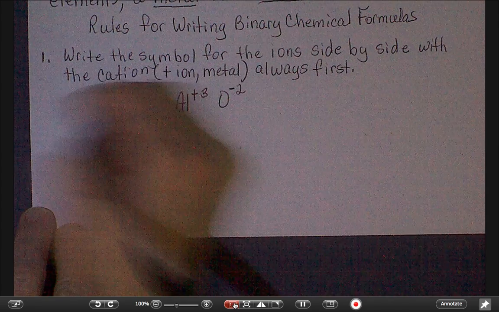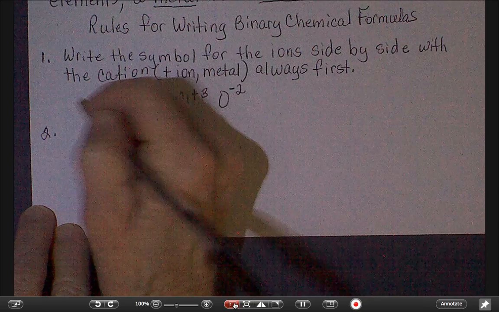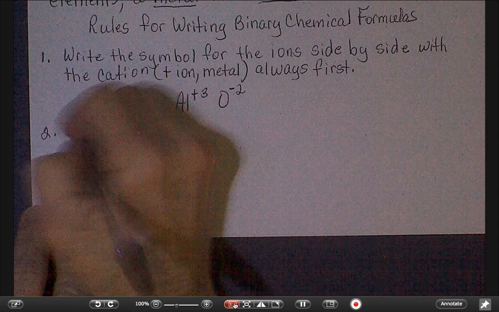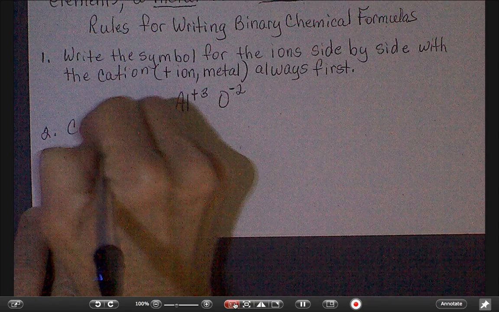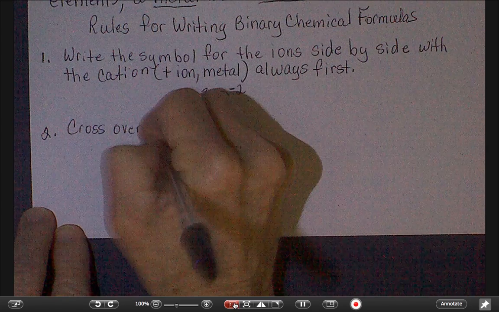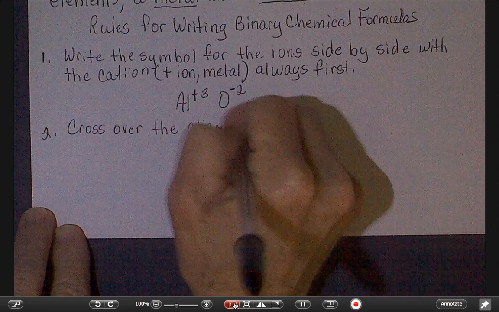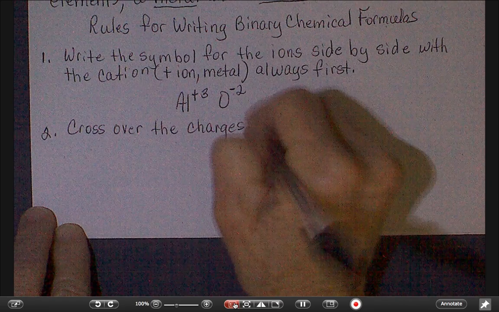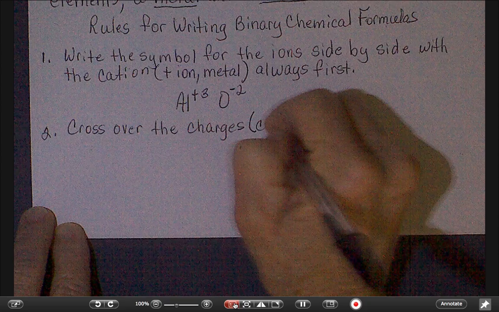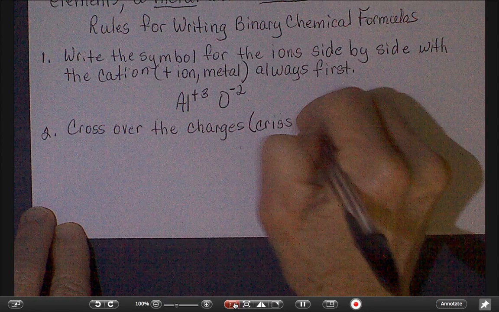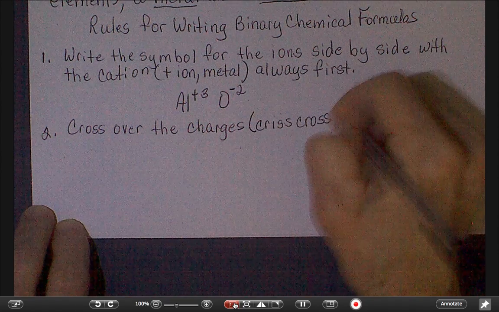Okay, 2. Cross over the charges. We call it crisscross applesauce. Dorky, but it works.